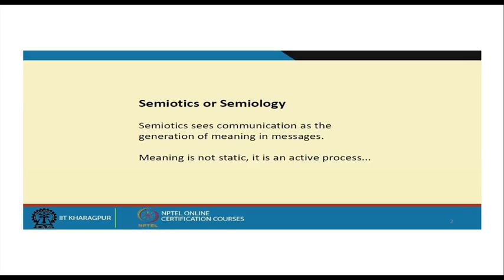Okay. So if we look into semiotics, what does semiotics look at? Semiotics sees communication as the generation of meanings in messages, or semiotics is related to the study of signs. In our previous lectures we have learnt about different modes of human communication.